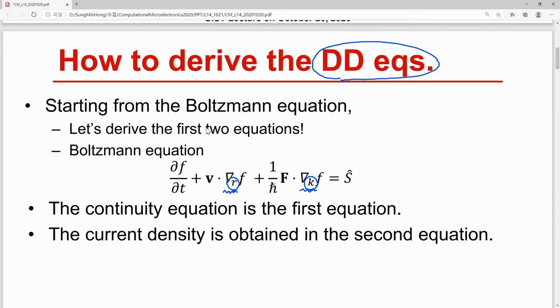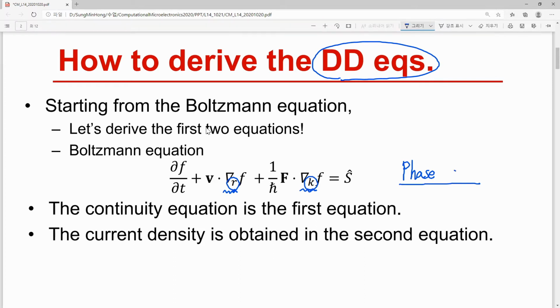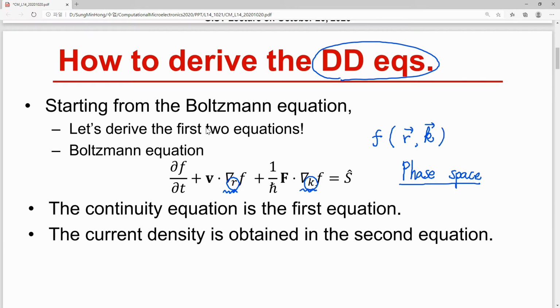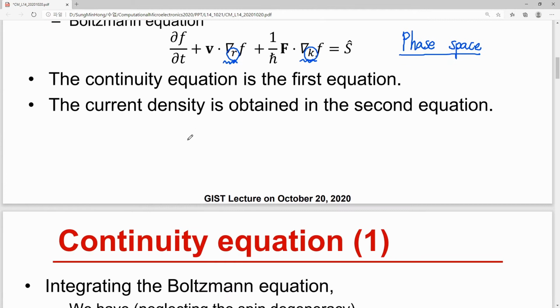It is because we are now working in phase space, not only inside the real space, but also considering momentum space. So our distribution function f should be regarded as a function of real space and k space at the same time. Okay, so let's go to the first one.